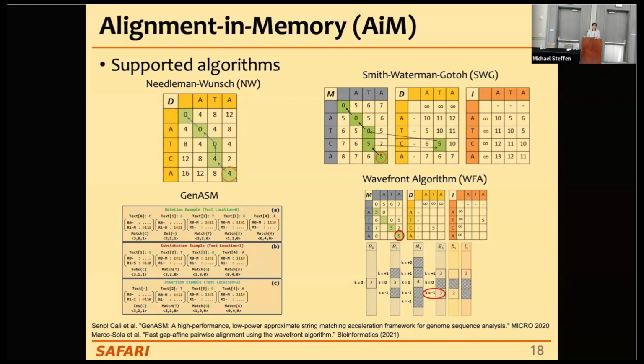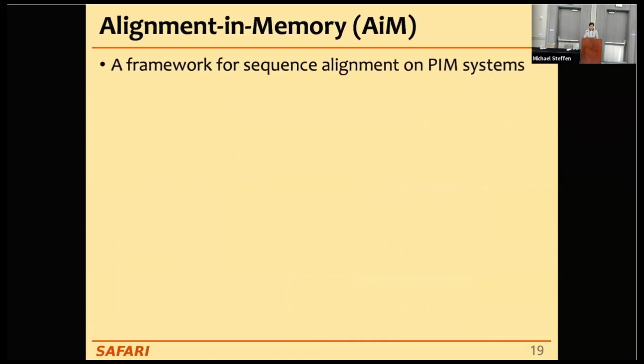These are the ones that are currently supported, but the framework can obviously be extended to other algorithms, and it could be adapted as well to other PIM architectures with similar characteristics, because the way that we partition the workload and distribute it to the different processing elements on the PIM side would be very similar.